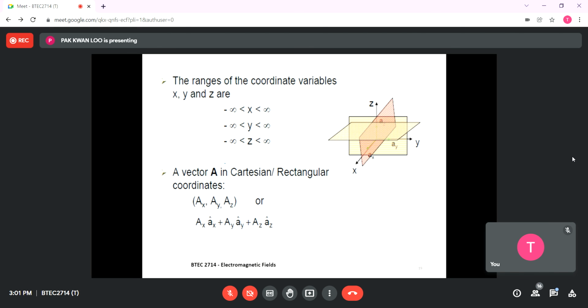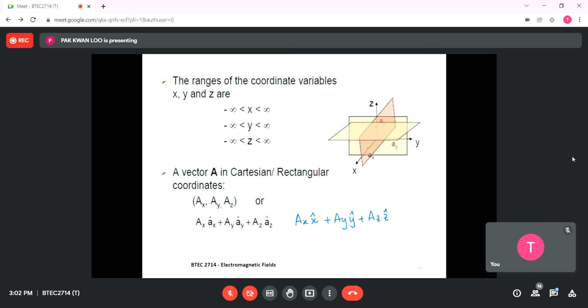So a vector A in Cartesian or rectangular coordinates can be represented by its components. The subscript, small x, represents the x component, and then the y component and z component. Normally I will just write it as ax x cap, plus ay y cap, plus az z cap.